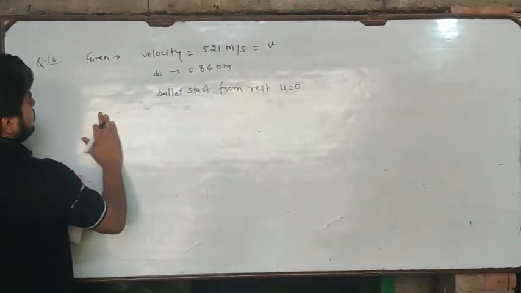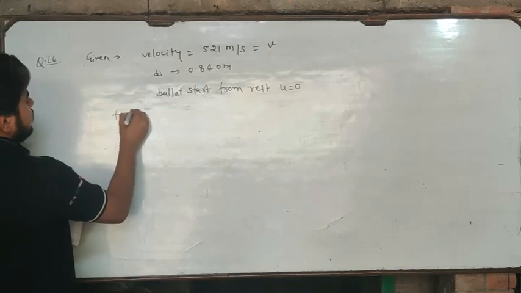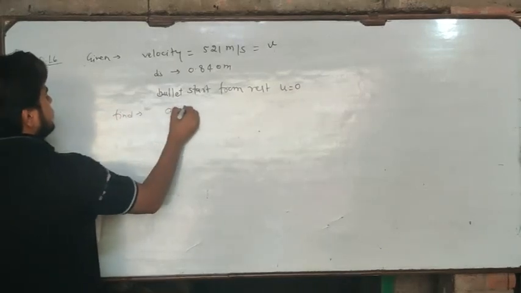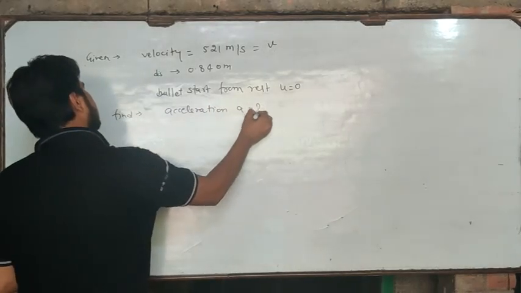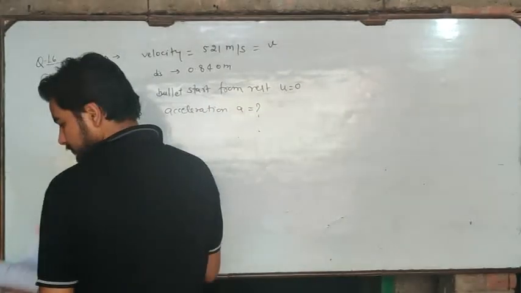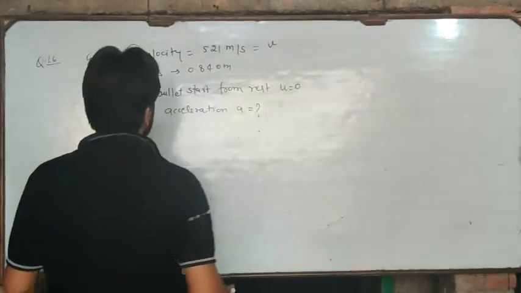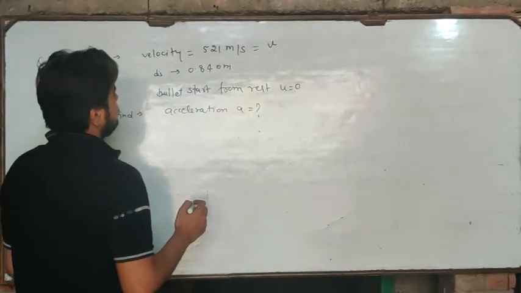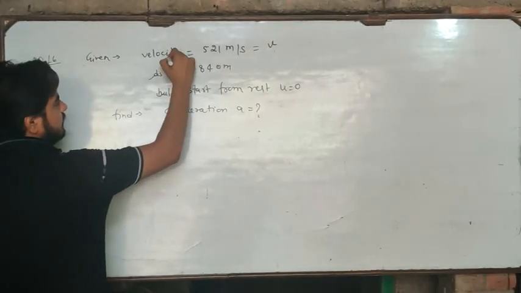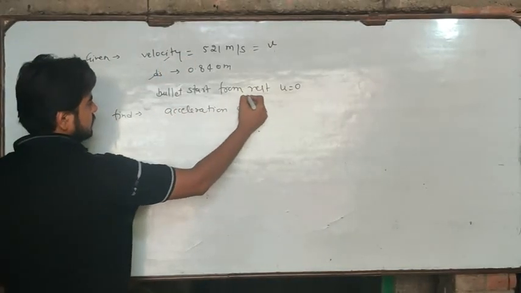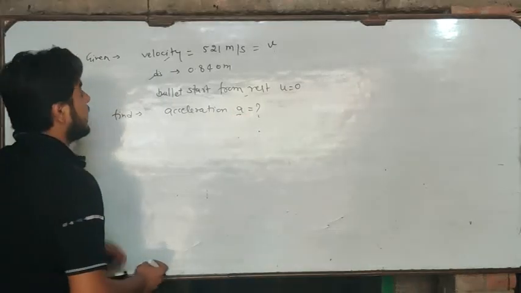We have to find the acceleration. Here we have distance, final velocity, and initial velocity. We have to find the acceleration.